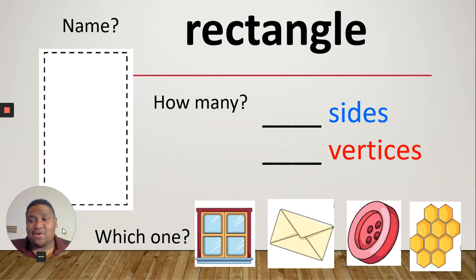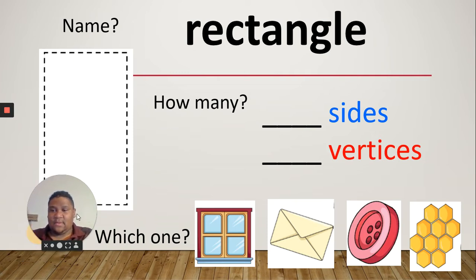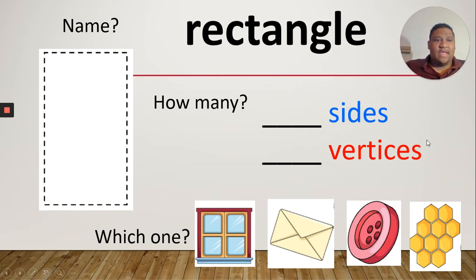If you said rectangle, you are correct. How many sides does this rectangle have? 4 sides and 4 vertices.